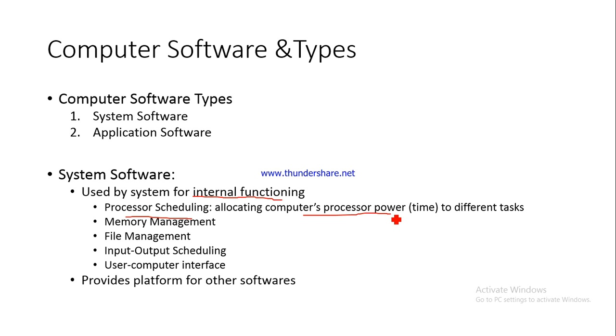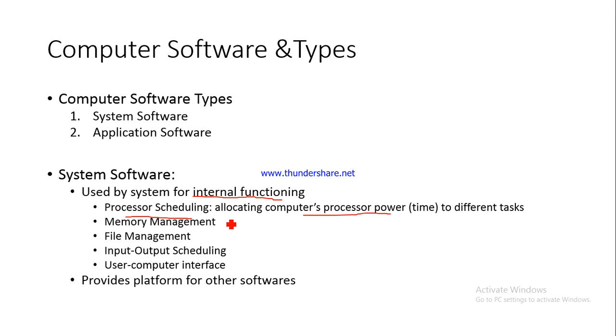This is going to be determined by this particular process, which is known as processor scheduling. And this is one basic component of the internal functioning of the computer, one basic system which determines how the computer is going to function.